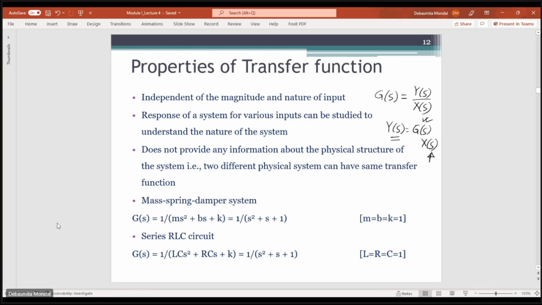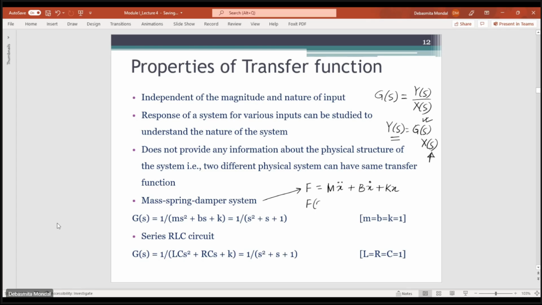There might be a case where there are two different kinds of physical systems, but they have the same transfer function. For example, let us take this spring mass damper system. Here F equals m x double dot plus b x dot plus k x.